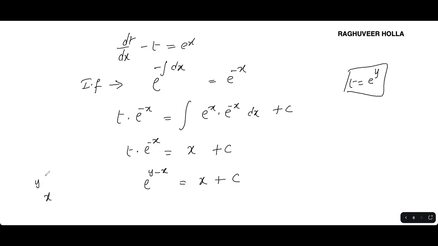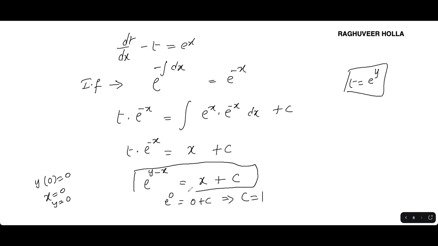We are given y of 0 is equal to 0. So x will be 0 and y will be 0. So this will be e to the power of 0 equals 0 plus c, or c is equal to 1. So this whole thing becomes e to the power of y minus x is equal to x plus 1, right?